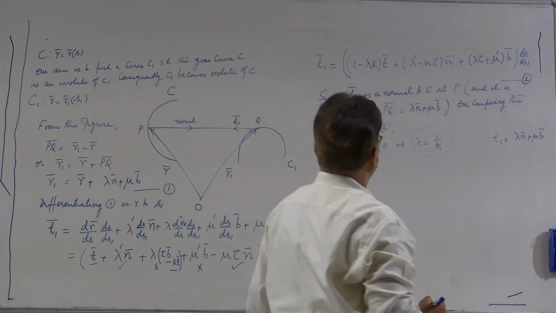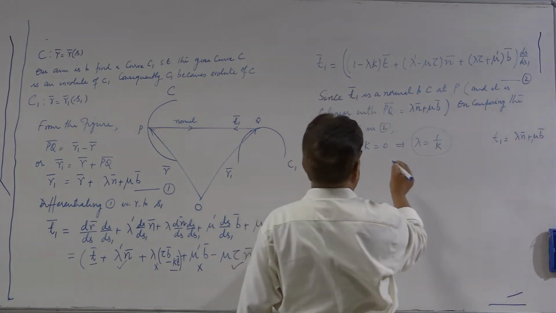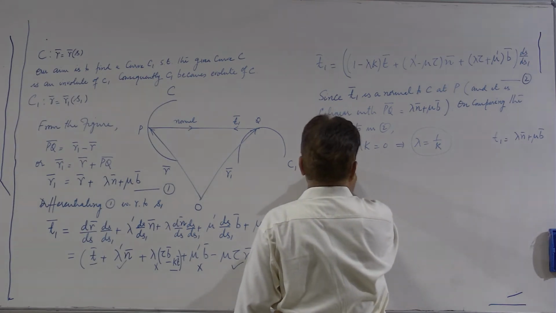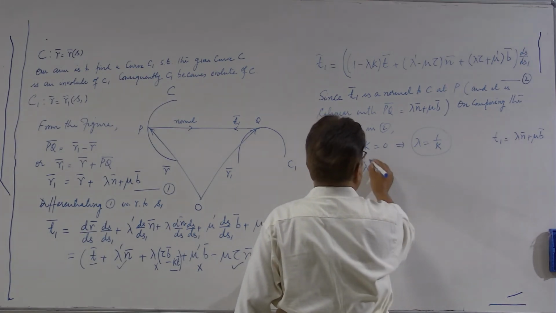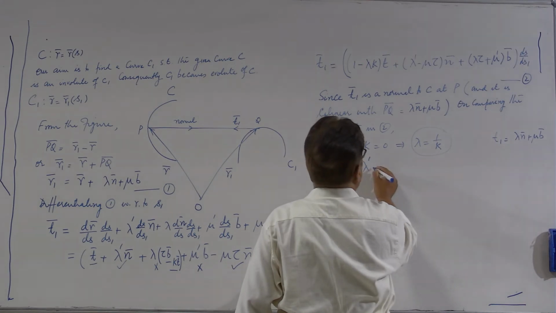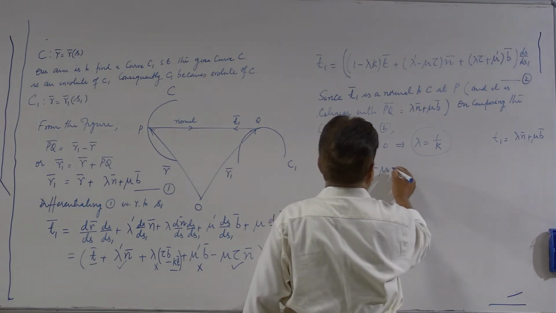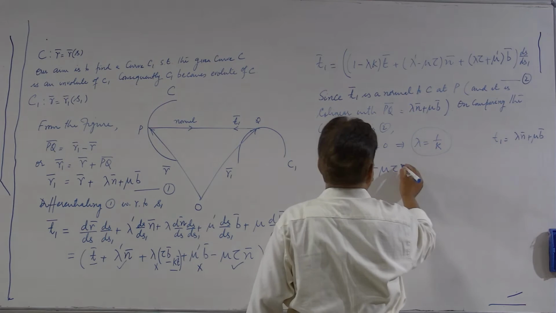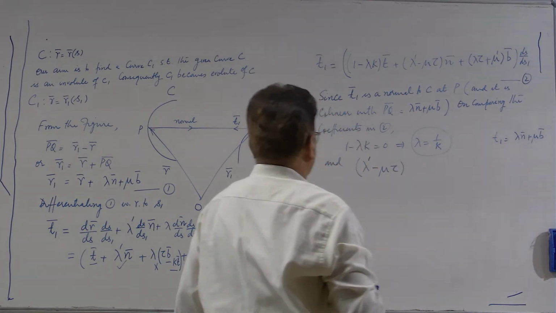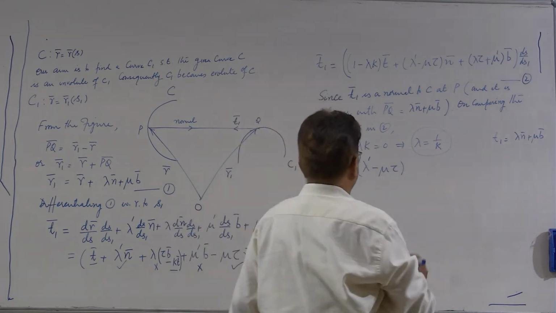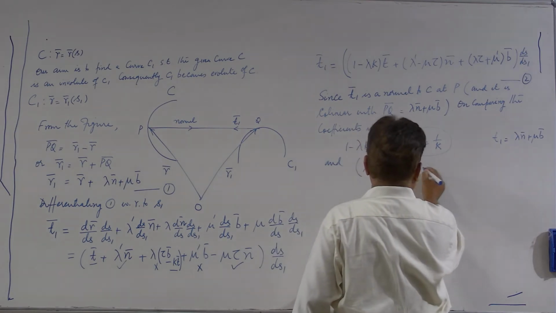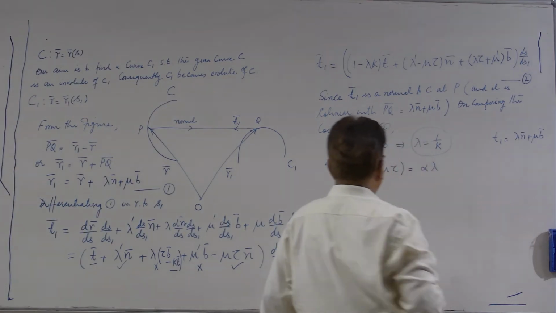Okay. So, lambda dash and lambda dash minus mu tau, it is equal to some scalar times lambda. So, let me call it alpha lambda.